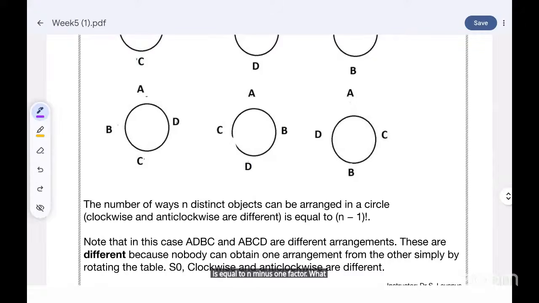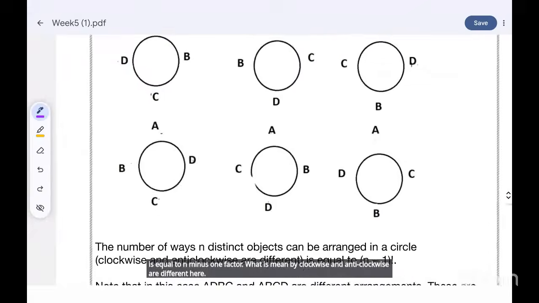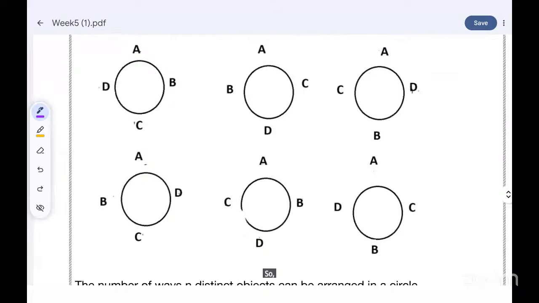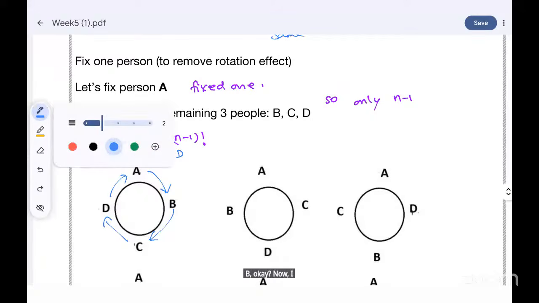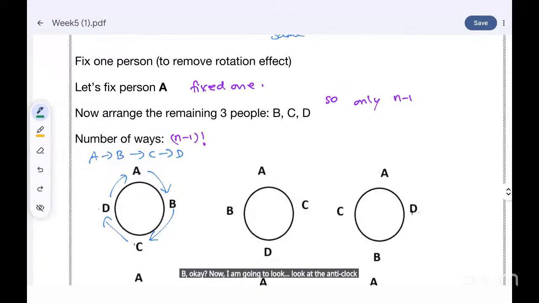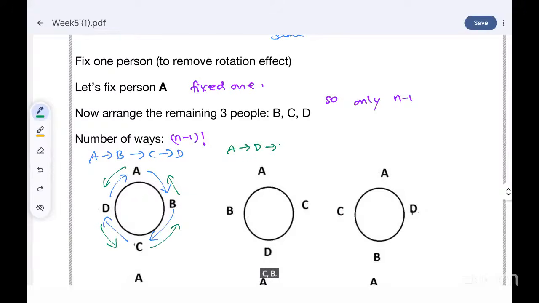What is meant by clockwise and anti-clockwise being different here? Consider this arrangement A, B, C, D. Now I am going to look at the anti-clockwise arrangement: A, D, C, B. Are they same or different?